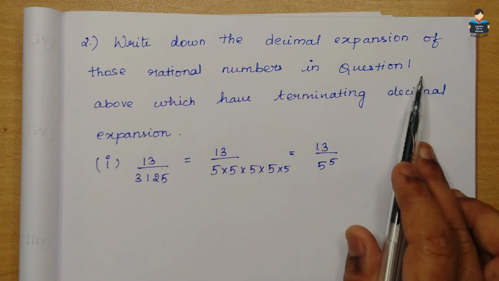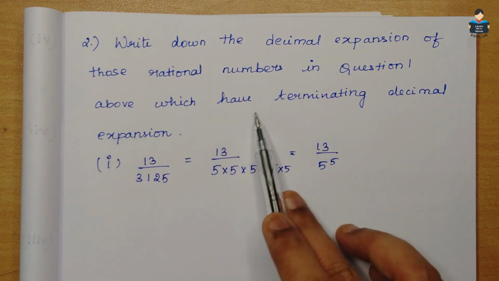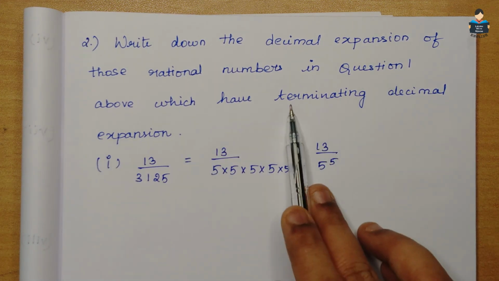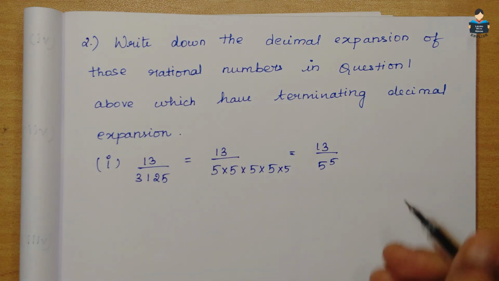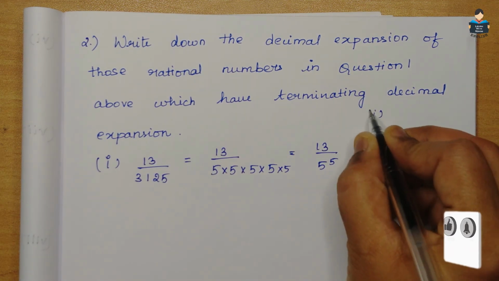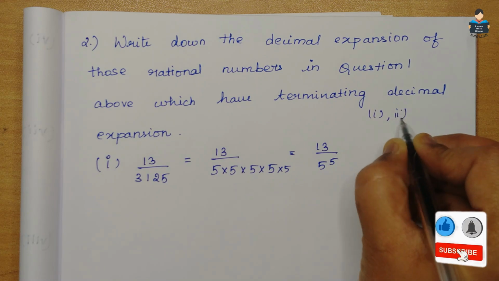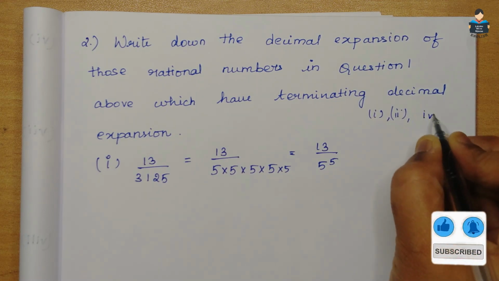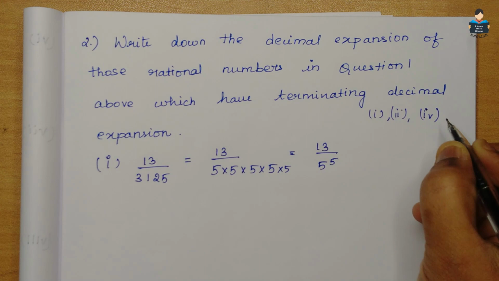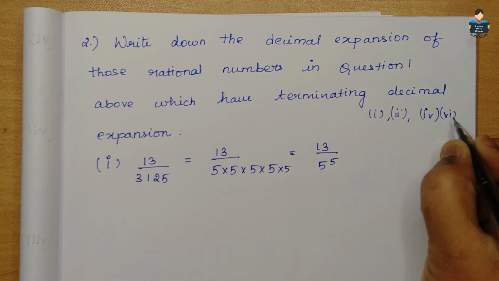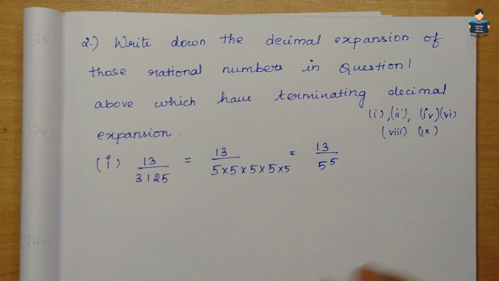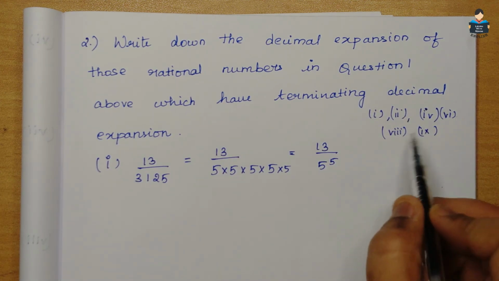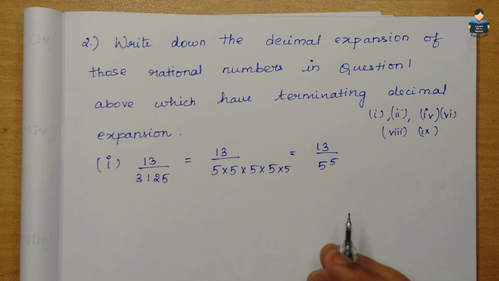In question number 1, we have already solved, and in that question, we have got terminating decimal expansion for the subdivisions 1, 2, 4, 6, 8, 9. So for those subdivisions, we have to find the decimal values.